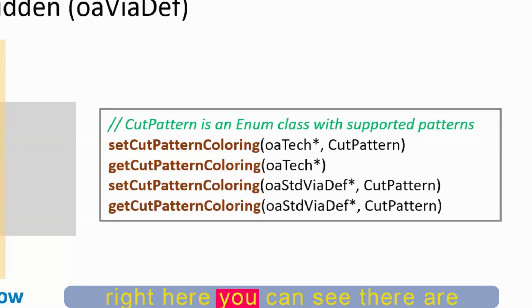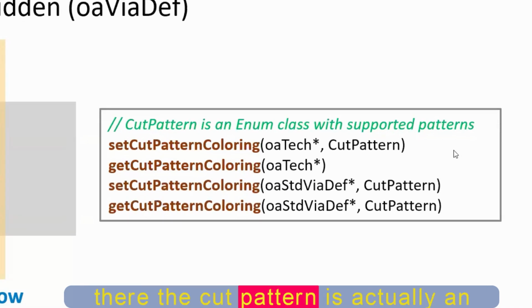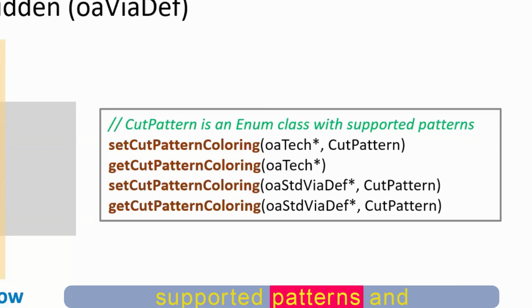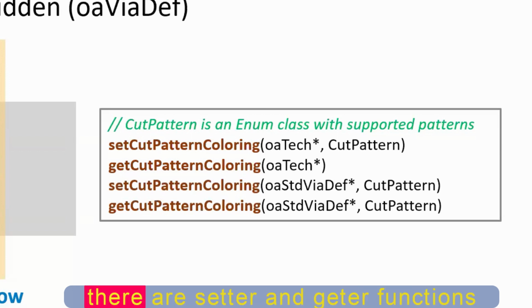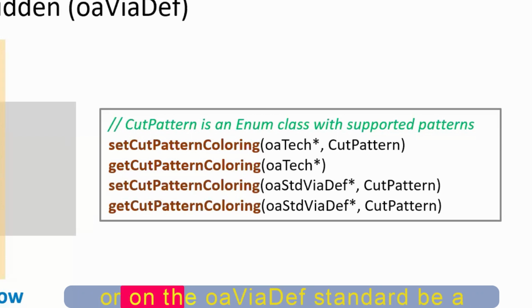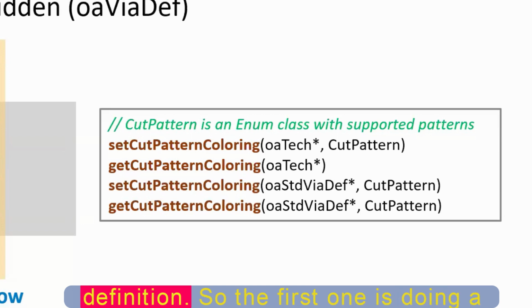On the right here, you can see the cut pattern is actually an enum class in C++, with the two supported patterns, and there are setter and getter functions to apply the cut pattern coloring either on the OA tech or the OA standard via definition.